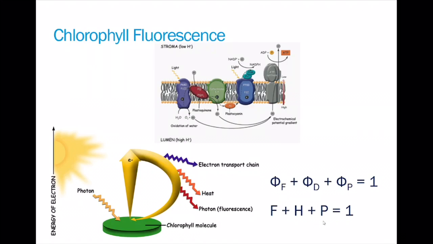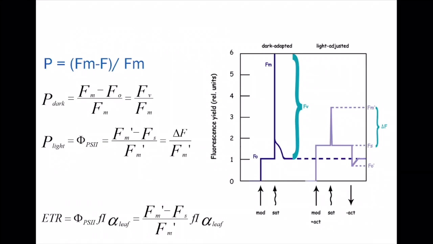Without going into a lot of the details behind PAM fluorescence, suffice it to say that we use the fluorescence signal at a number of different moments, and we can estimate the amount of heat and the amount of photochemistry just based on changes in the fluorescence signal. There's definitely more details that you can research on your own, and we have more details in the manual.